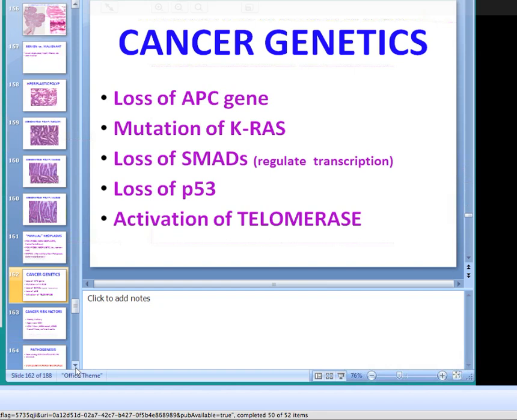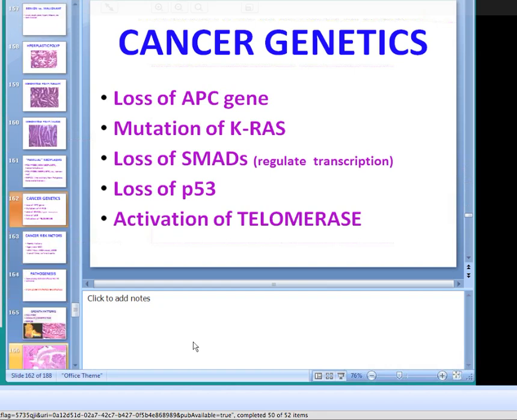And last but not least, of course, if you have telomerase activated, like we talked about in the chapter on neoplasms in general. Your telomeres are basically limited in number, so most cell divisions are limited because of your telomeres.